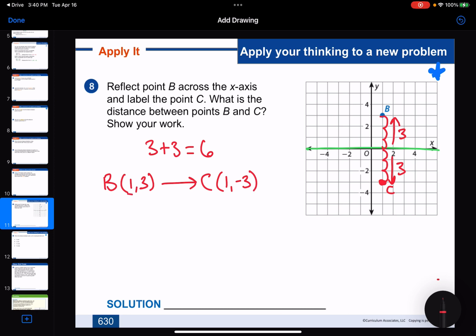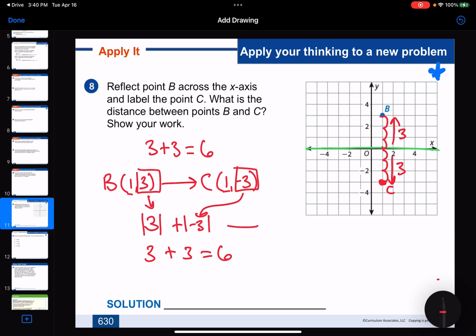You'll notice that our x values are not changing, but our y values are. Because we're going to a different quadrant, we are going to add those absolute values. The absolute value of 3 plus the absolute value of negative 3, which is really just 3 plus 3 again, which is equal to 6.